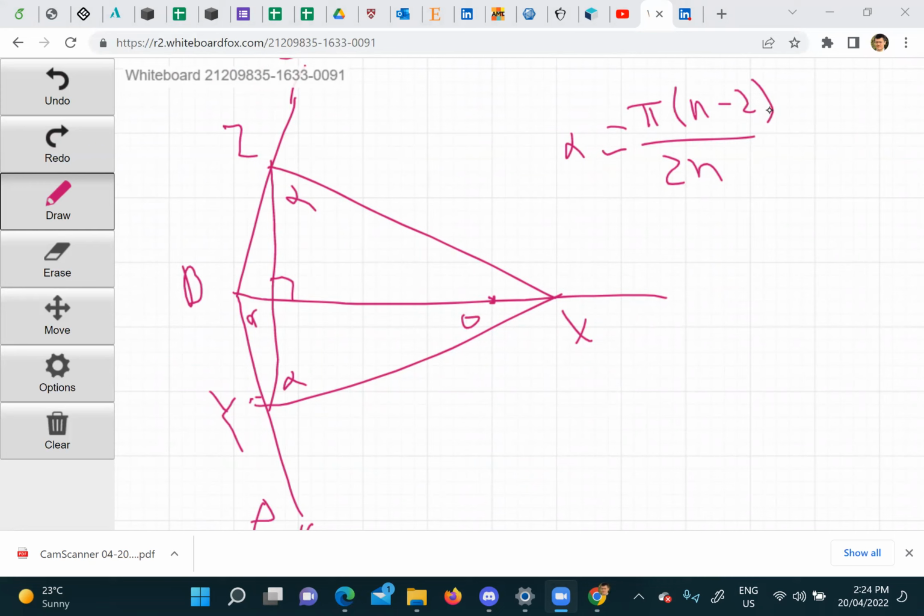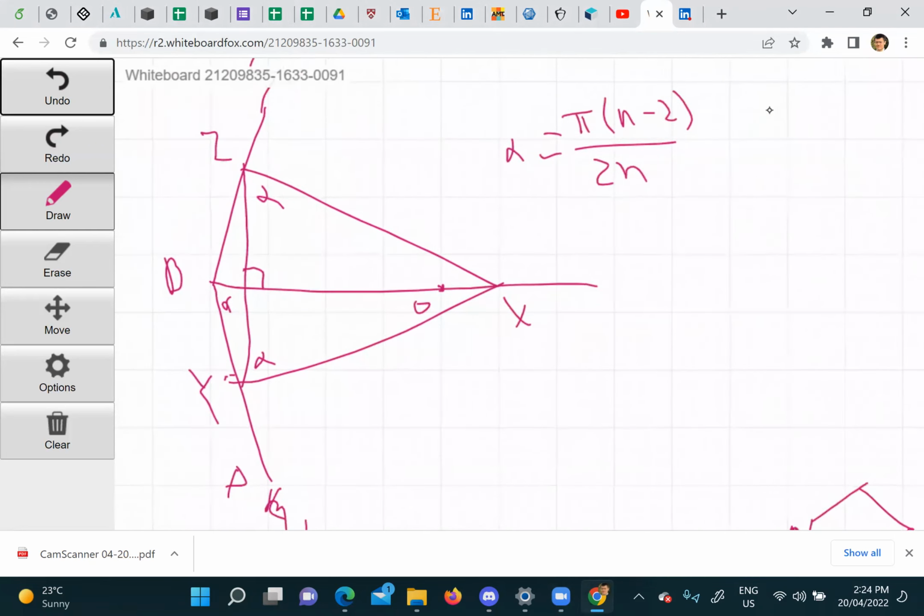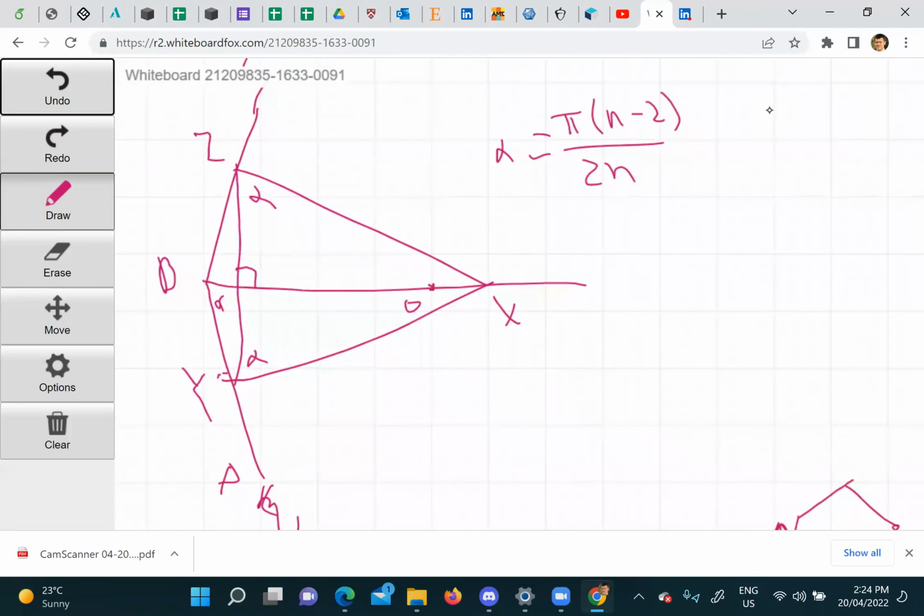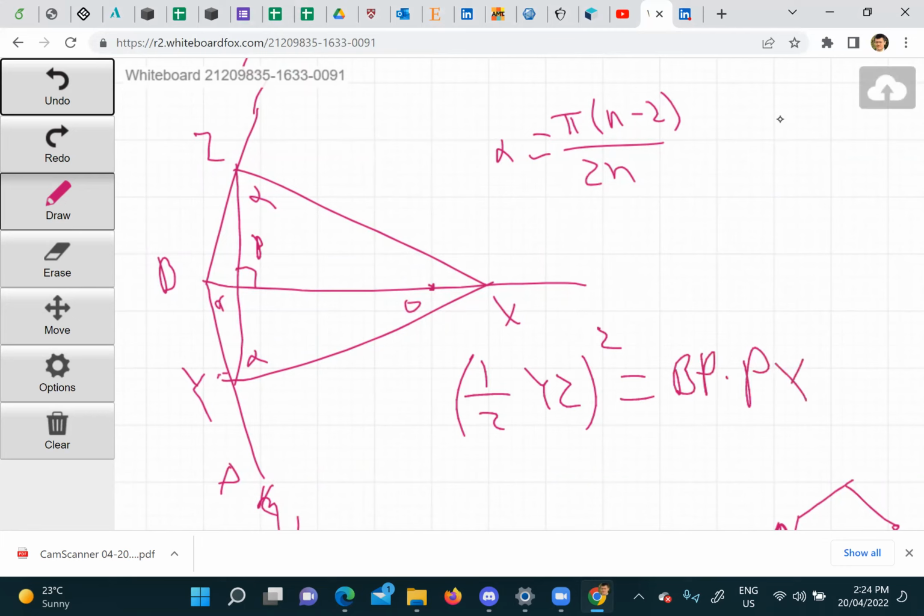Okay, half YZ squared equals this, power of a point. So we get half YZ squared equals BP times PX.